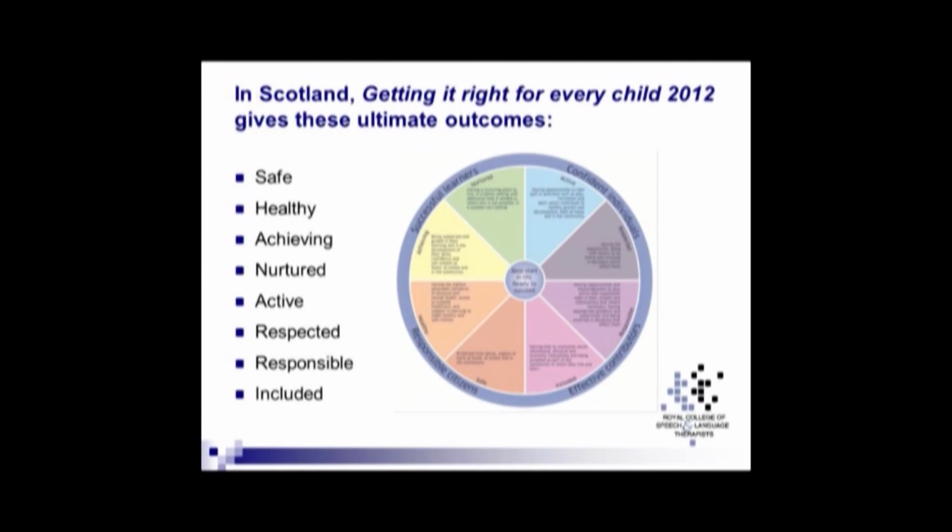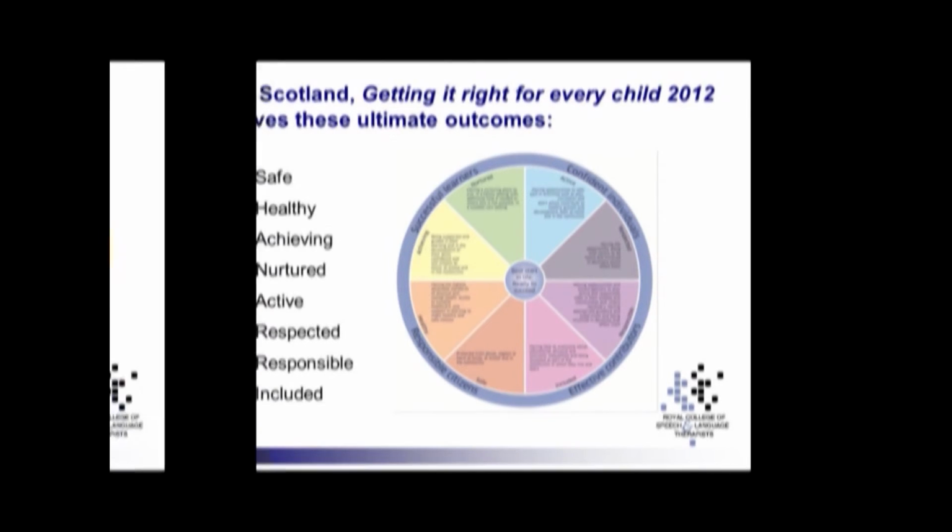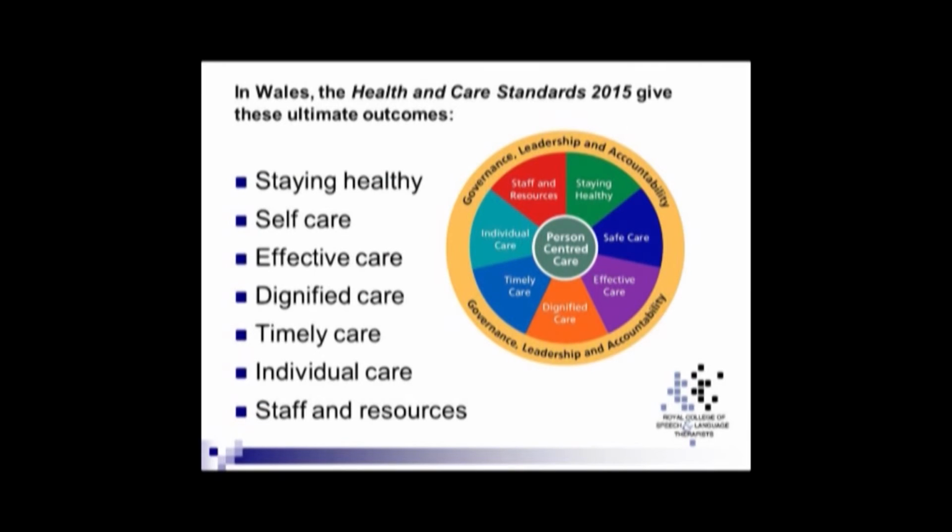In Scotland, Getting It Right for Every Child 2012 gives these as ultimate outcomes. And in Wales, the Health and Care Standards 2015 give these as ultimate outcomes.